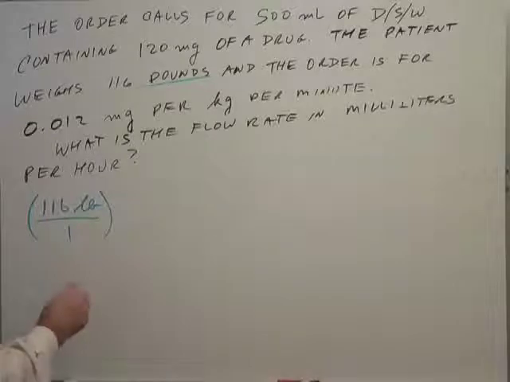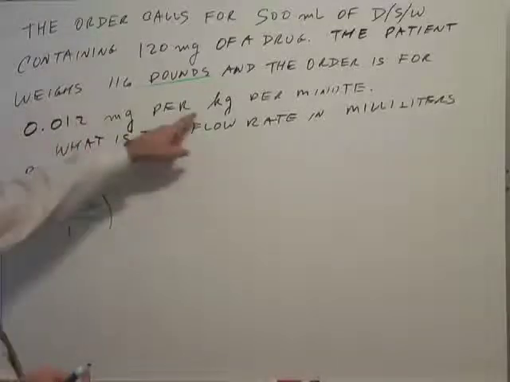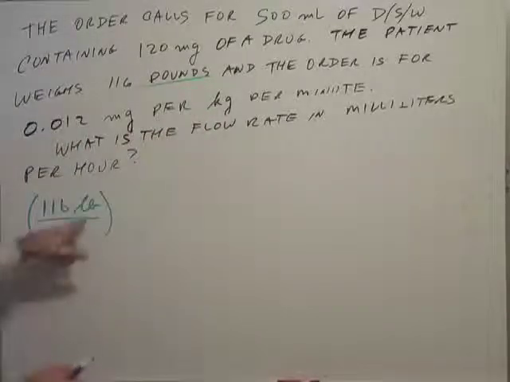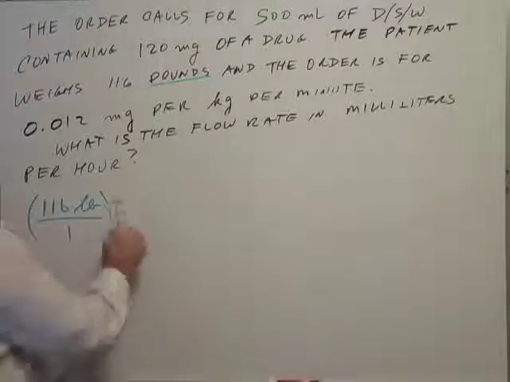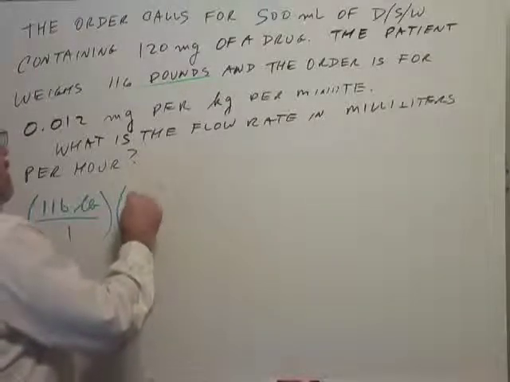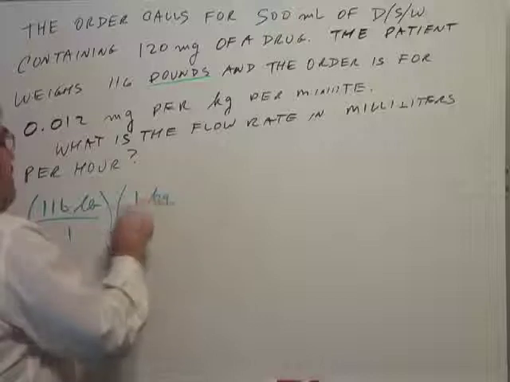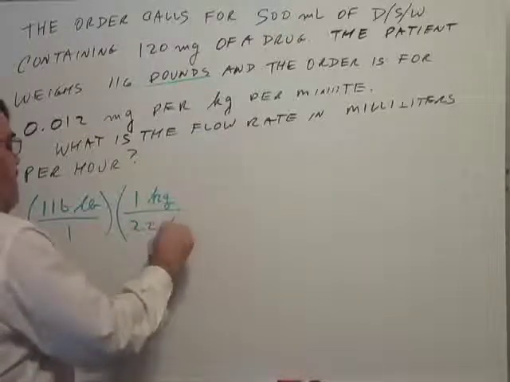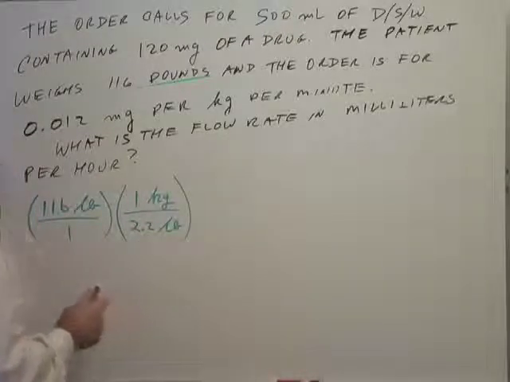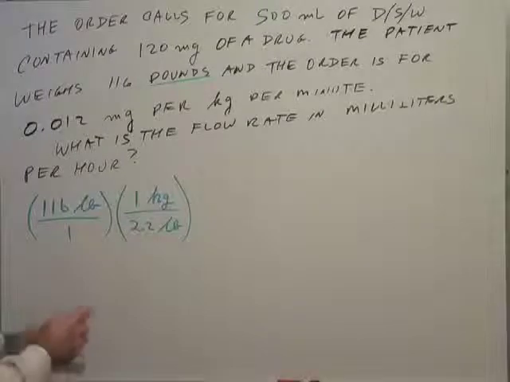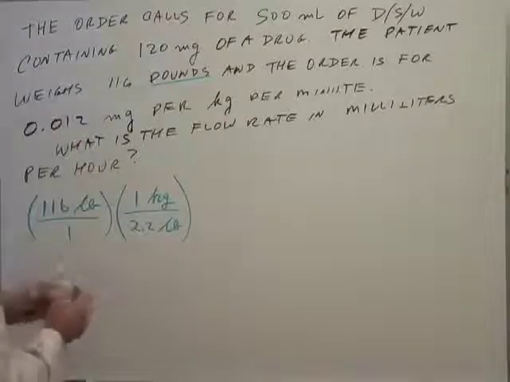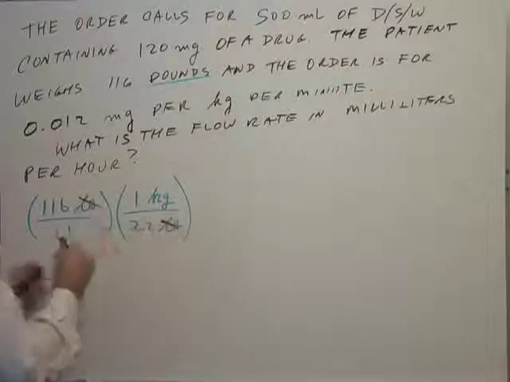Okay, well, we have kilograms appearing, so we're going to need to convert pounds into kilograms. So 1 kilogram is 2.2 pounds, and that cancels the pound units, leaving kilograms.